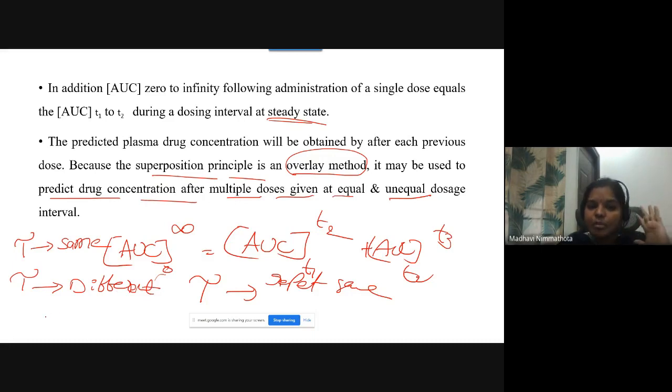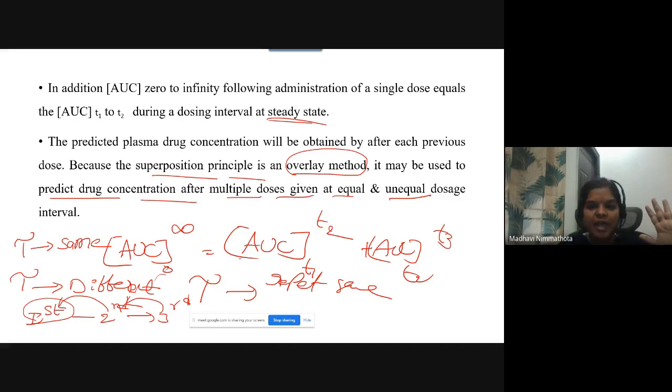So, the principle of superimposition is nothing but you take the first dose, and later on you take the second dose. After the removal of the first dose, based on the elimination of your drug, you can take the second dose, but this second dose will be superimposed on the first dose, then the third dose will be superimposed on the second dose.